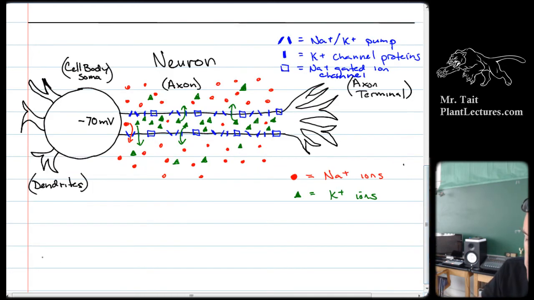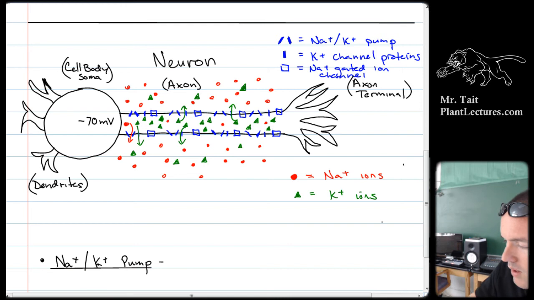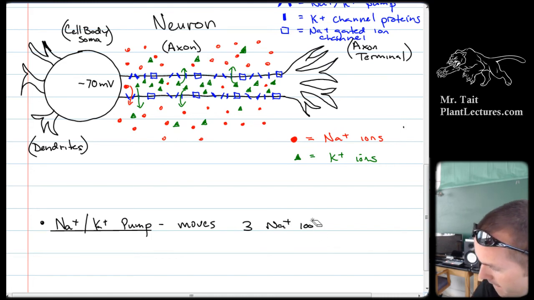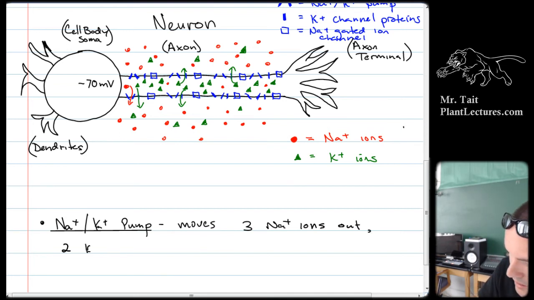Let's write some stuff down that we've done. The Na+ K+ pump moves 3 Na+ ions out and 2 K+ ions in.